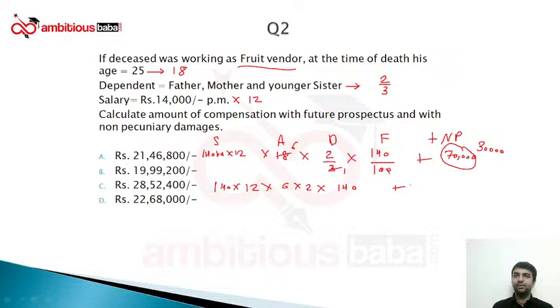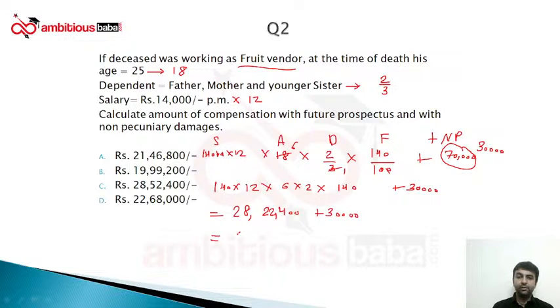And plus, yes, it will be 30,000 rupees because he is a bachelor. So the answer will be, just to save time, I have noted down the figures today. You can use the on-screen calculator also. Plus 30,000.